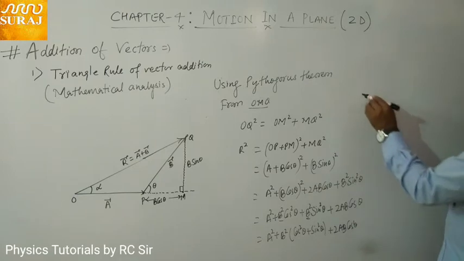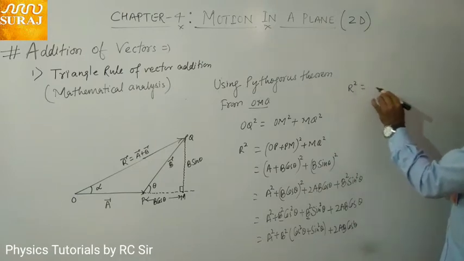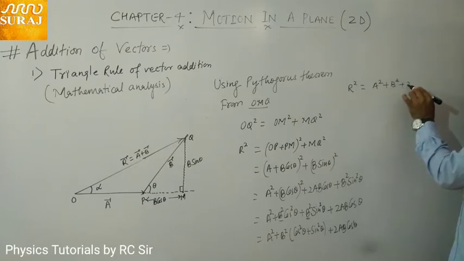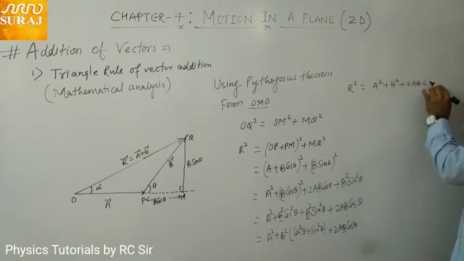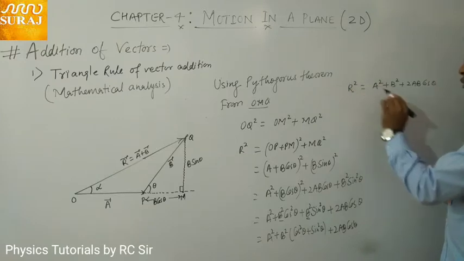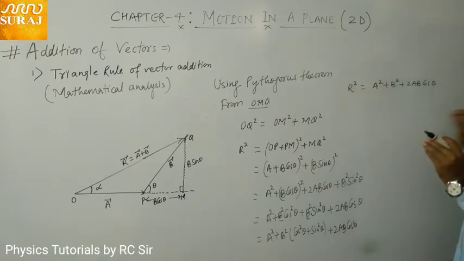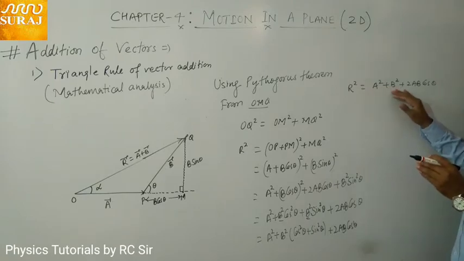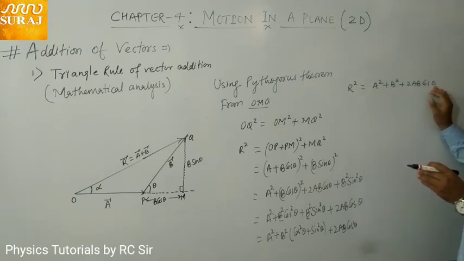So it will become R square is equal to A square plus B square plus 2AB cos theta. So this is the formula of resultant vector in terms of magnitude of A vector, magnitude of B vector, and the angle between A vector and B vector.